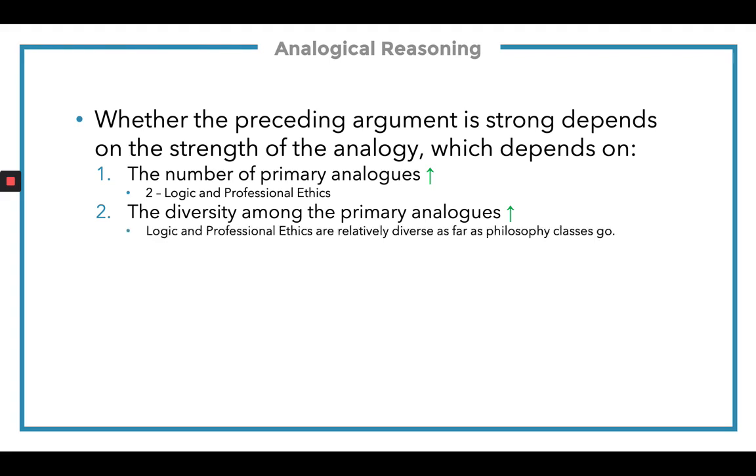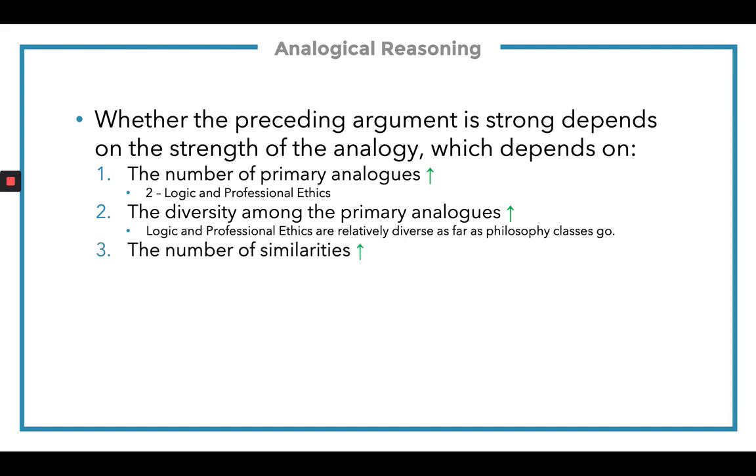The more diversity, the stronger the argument. In this case, logic and professional ethics are pretty diverse as far as philosophy classes go. Logic deals with arguments, but not really with content or material, just totally skills-based. Professional ethics deals more with content and ethical theory. Logic isn't really about ethics, so they're kind of diverse.